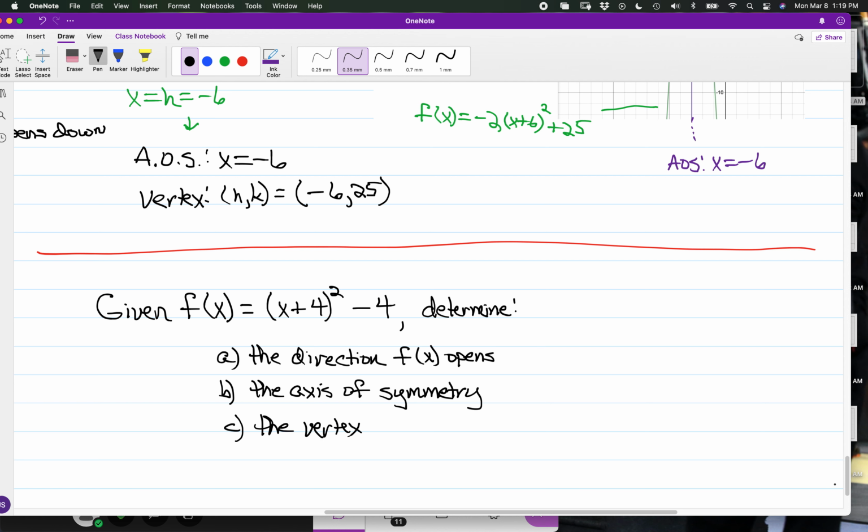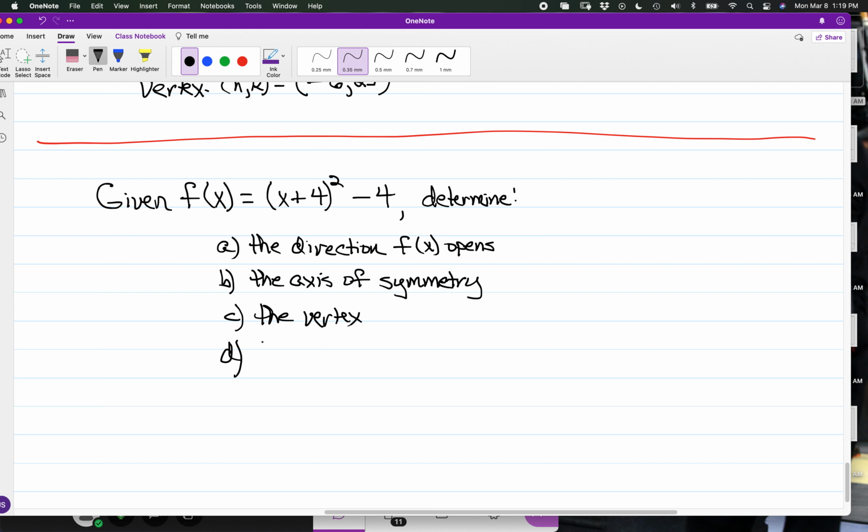And in terms of any additional items, we'll be looking for the x-intercepts, as well as the y-intercept, if any, and also at least 5 points.